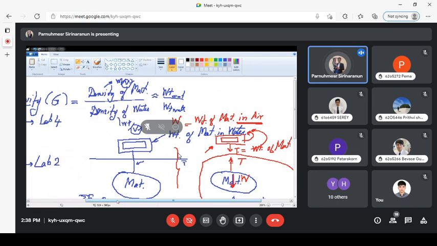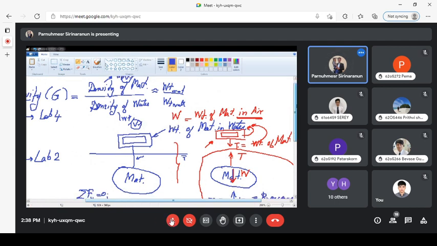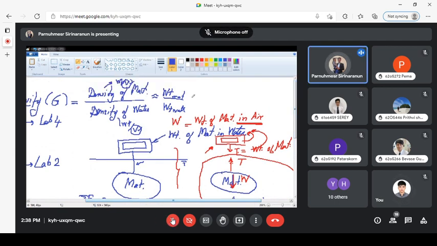Specific gravity of material. It comes from this definition: density of material divided by density of water. Yes or not? Yes. You know or not? It is from here. You can measure weight of material divided by buoyancy force.